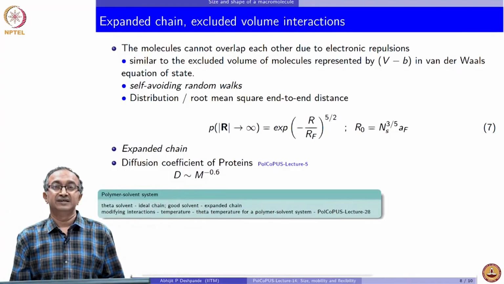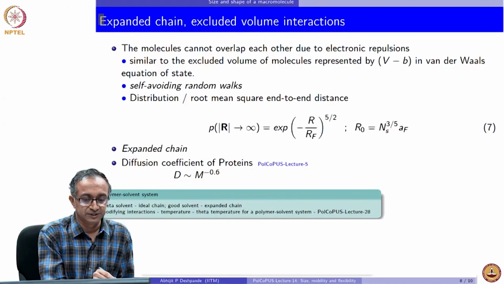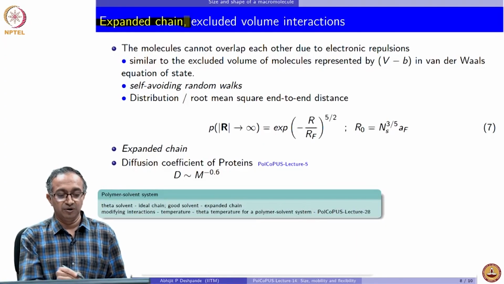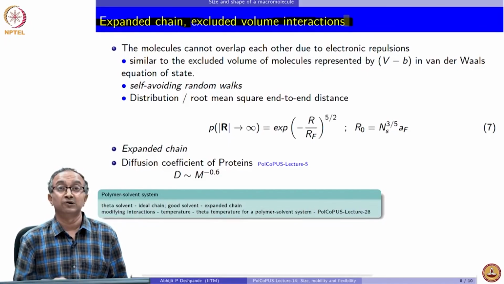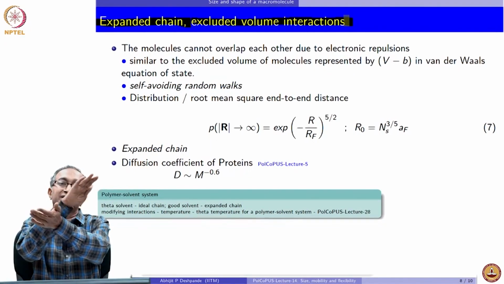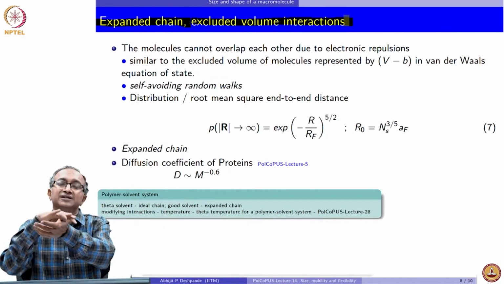Since in an ideal chain 2 parts of the chain can overlap, that is a model suitable for only certain kinds of situations. We have models associated with the expanded chain, also called excluded volume interactions. The fact that 2 polymer chains cannot overlap, and therefore there is some volume which is excluded.